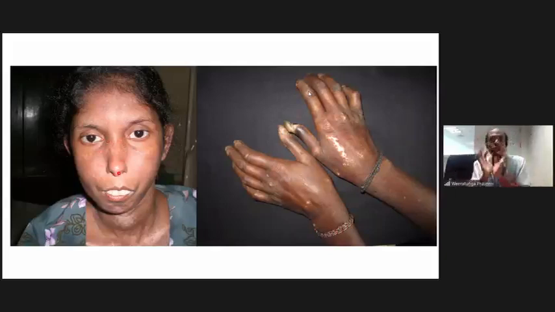Causes a beak-shaped nose, right? The patient cannot open the mouth because the skin is so very tight. The patient can't open the mouth, and that is called microstomia. So microstomia, thin, shiny skin, thick, shiny skin, beak-shaped nose are all features of systemic sclerosis.